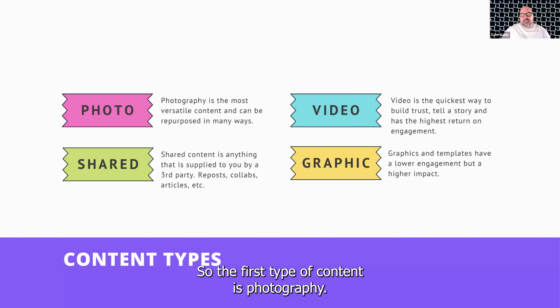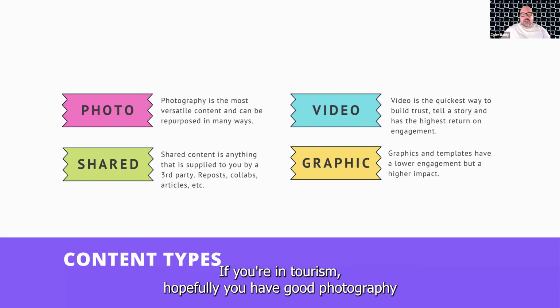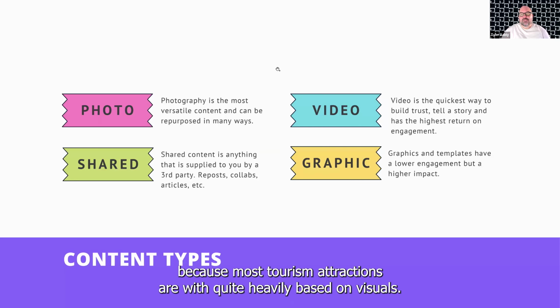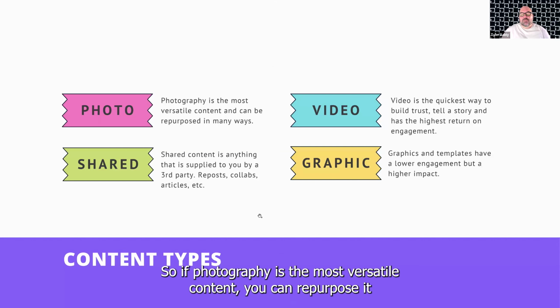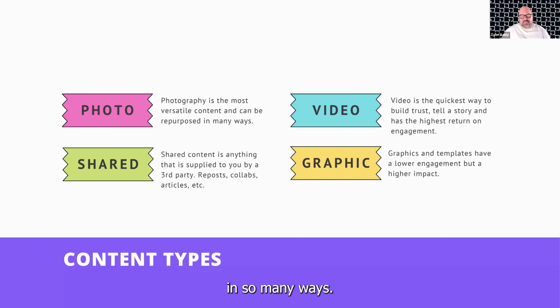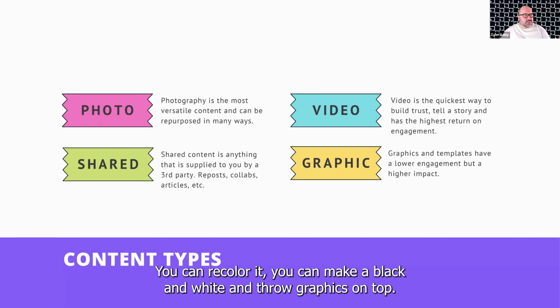So the first type of content is photography. If you're in tourism, hopefully you have good photography because most tourism attractions are quite heavily based on visuals. So photography is the most versatile content. You can repurpose it in so many ways. You can recolor it. You can make it black and white and throw graphics on top.